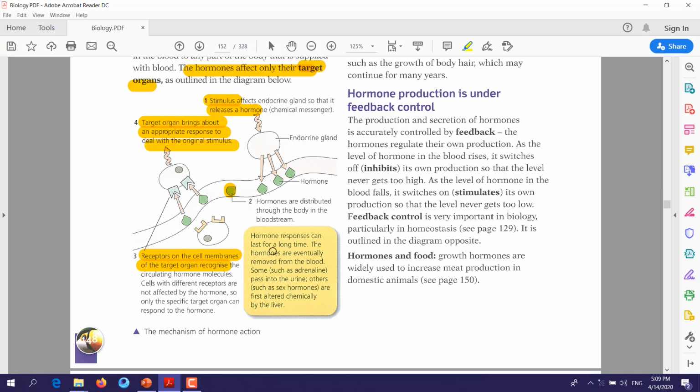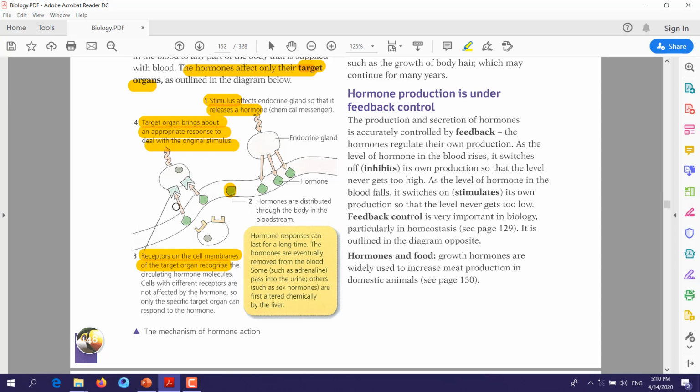Again, this process. Firstly, there will be a stimulus that tells the gland to release the hormone. Now, the hormone will be released to the bloodstream. The hormone in the bloodstream will be received by receptors on the cell membrane of the target cell.